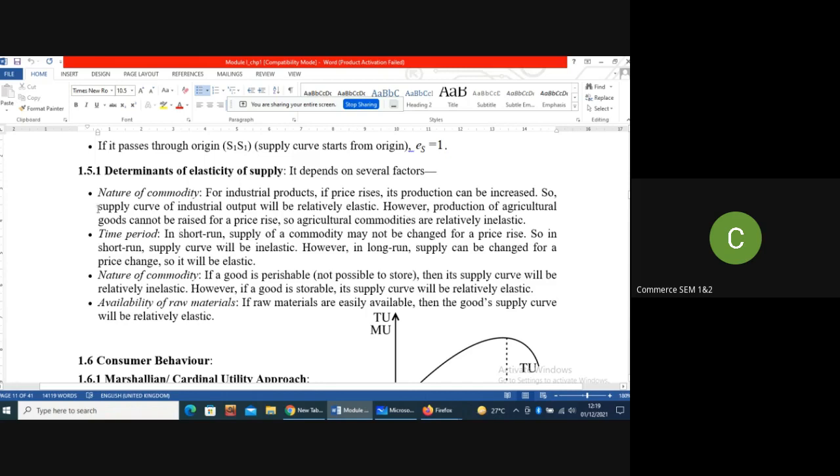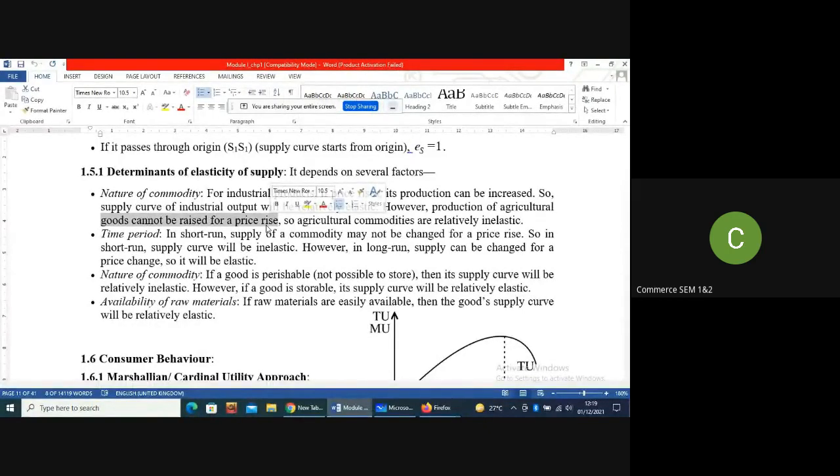So the supply curve for industrial output will be relatively more elastic. However, for the production of agricultural goods, if say price of onion is increasing nowadays, and say price of tomatoes is increasing nowadays, but production of these agricultural commodities cannot be increased overnight.